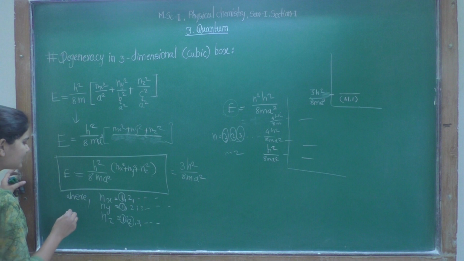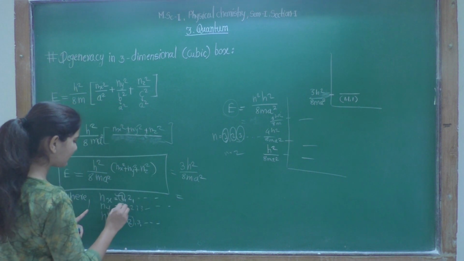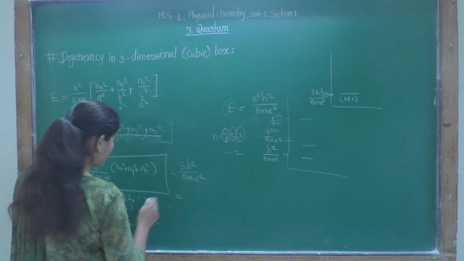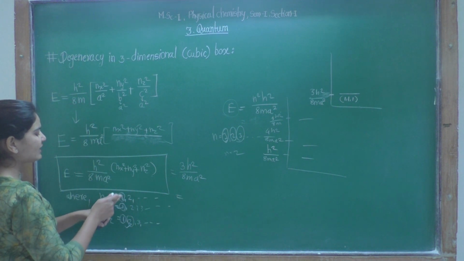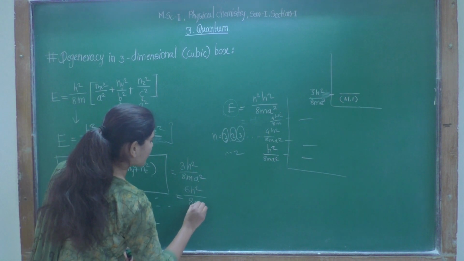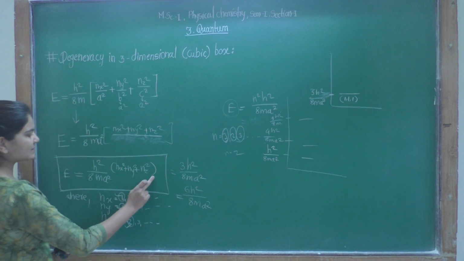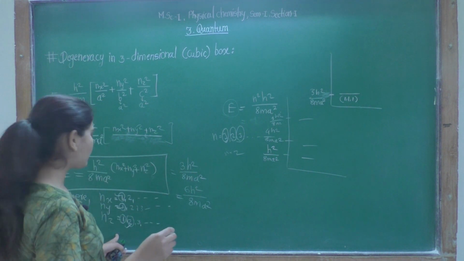If we consider this, then what will be the value of energy? 1 square plus 1 square plus 2 square, 4, 5, 6. So 6h square upon 8ma square. This will be the value of energy.